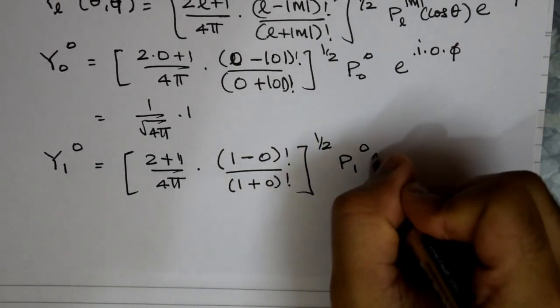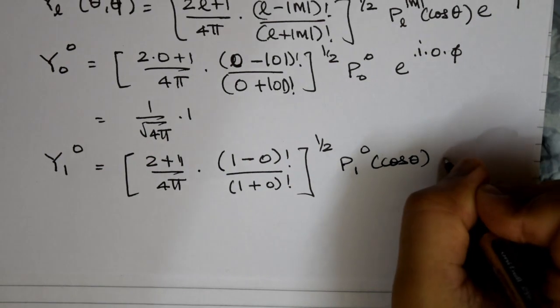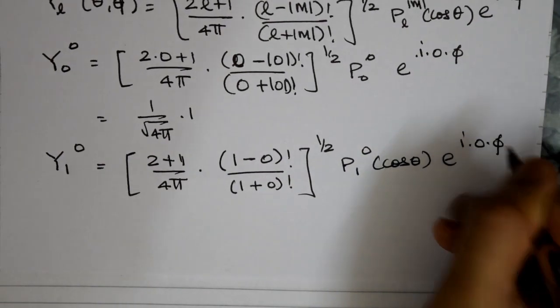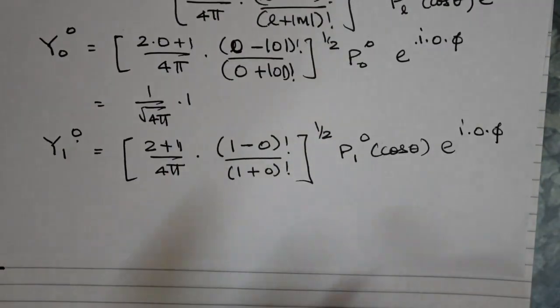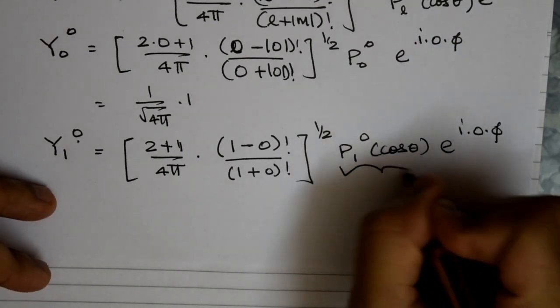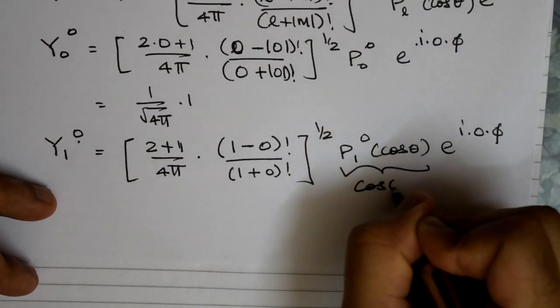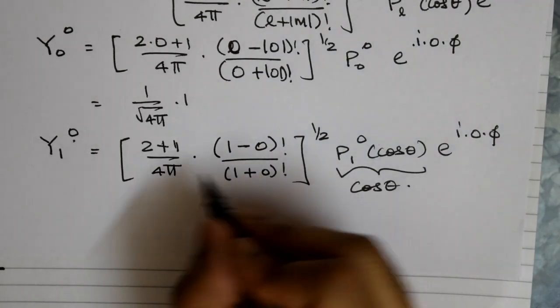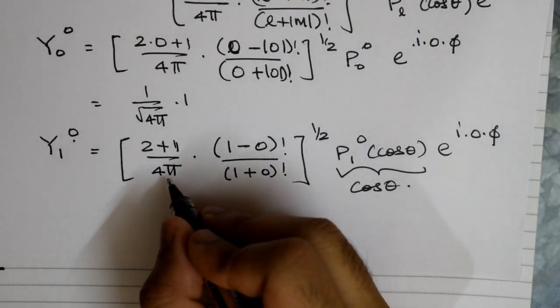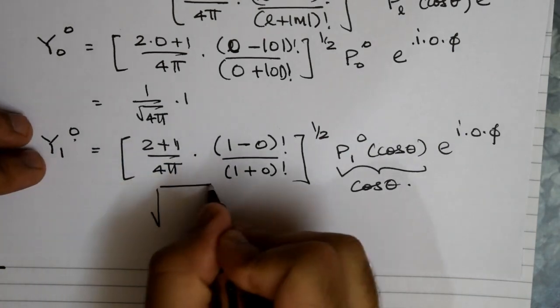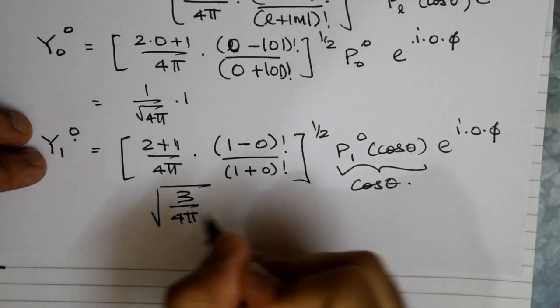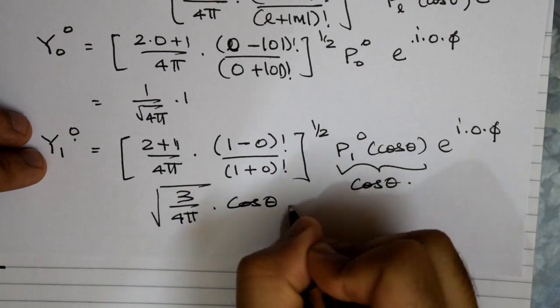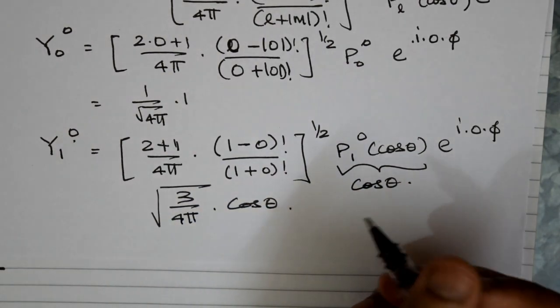So we have P1 0 of cos theta times e power i times 0 times phi, because m value is equal to 0. So now what ends up happening? This value was nothing but x, so this remains cos theta. And you see that this is 1 factorial by 1 factorial. This is 3 by 4 pi, so therefore it's going to be square root of 3 by 4 pi times cos theta times 1. So this is the Y1 0.